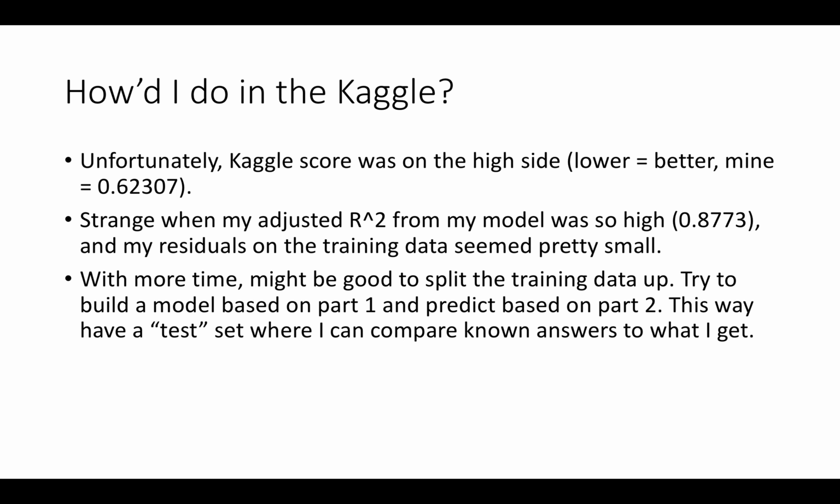I did some releveling of some of the factor variables. Maybe I got a little carried away with that. For example, I tried to group the months sold into seasons. Maybe I tried to get a little too fancy, and I should have just kept it simple. But I might try that again in the future.